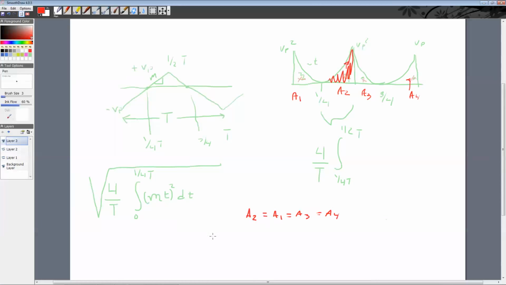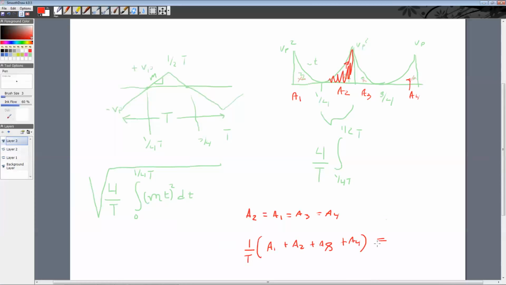But really, the total integration would be A1 plus A2 plus A3 plus A4, right?